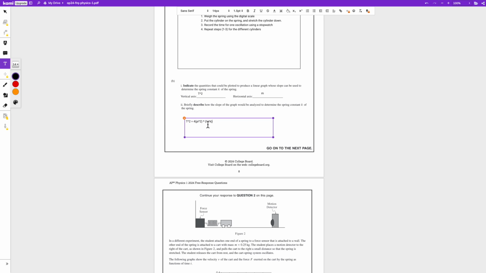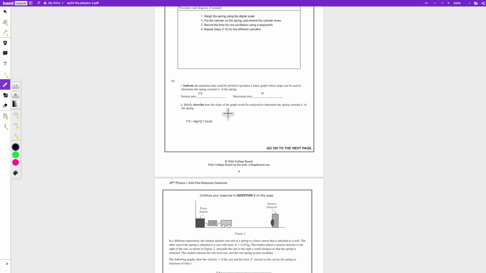Now, we know we're changing m, and this is what our y value is going to be, the vertical axis. So that means that 4 pi squared over k is our slope.